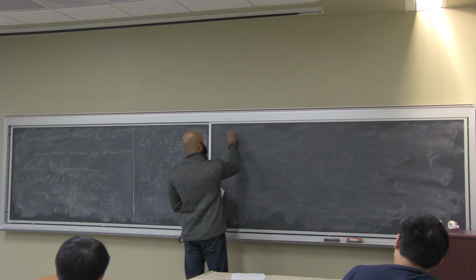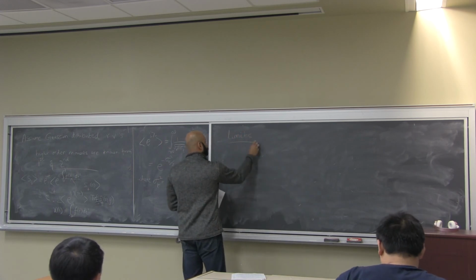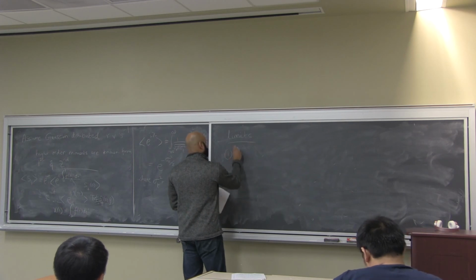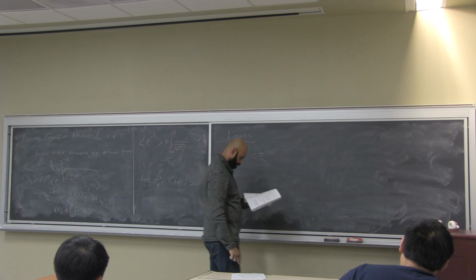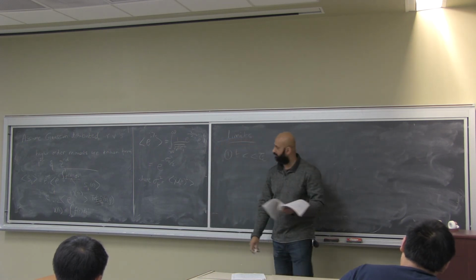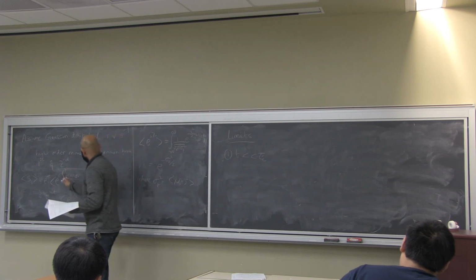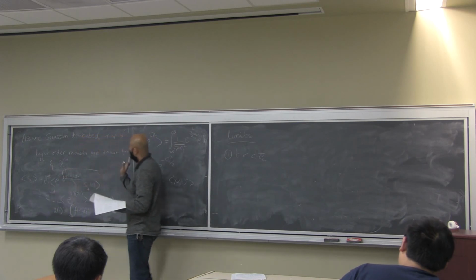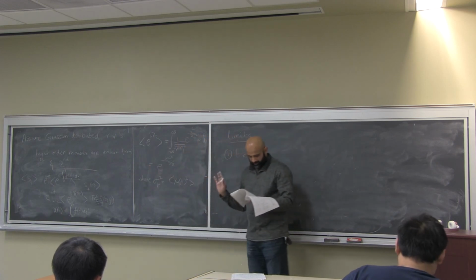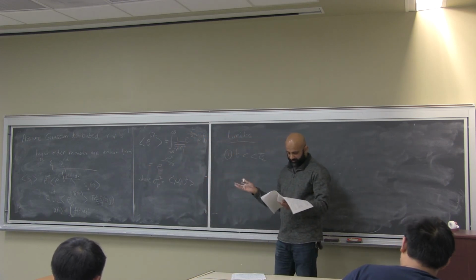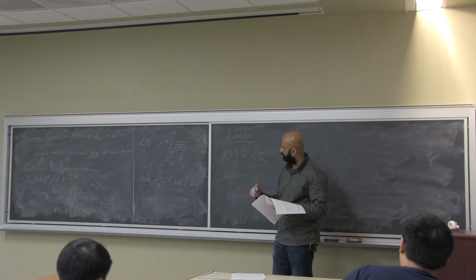Okay, so let's just look at some limits first. In the first limit, I take t far lesser than tau c. When t is much lesser than the correlation time, remember the model was that f of t is just a constant. So we just have to average over all the possible values of f.